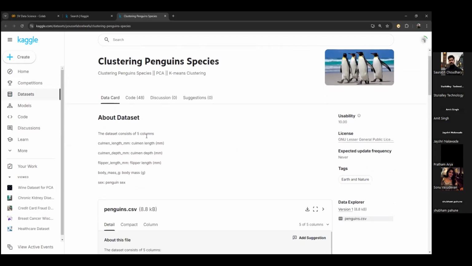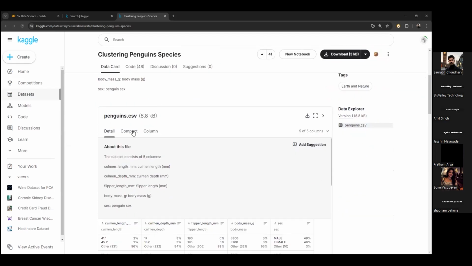The dataset consists of 5 columns: culmen length, culmen depth, flipper length, and body mass. And then the penguin's sex, the gender.